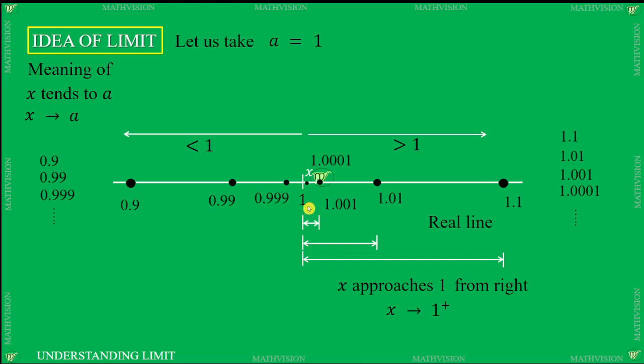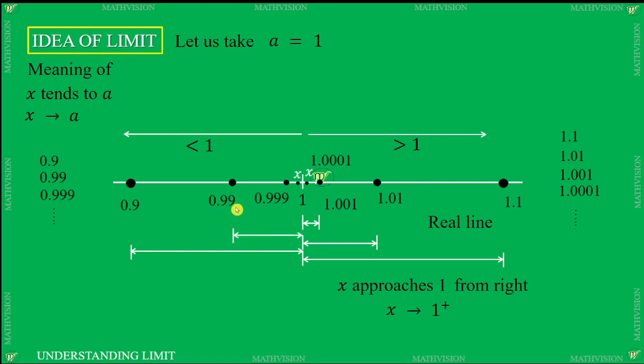0.999 and so on. So what we see here is, if we join more 9s after the decimal point, the distance of the point from 1 decreases. For the point 0.9, the distance of the point from 1 is this much. Now if we add one 9 after the decimal point, the distance from 1 reduces.